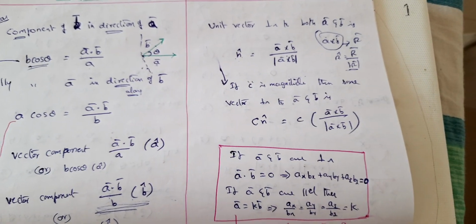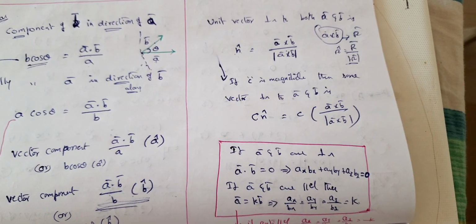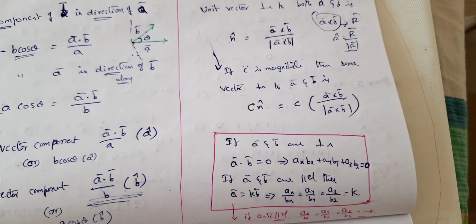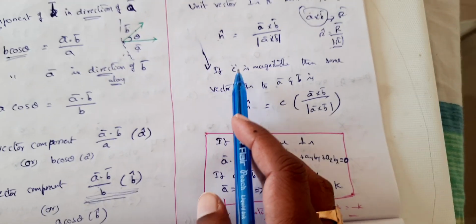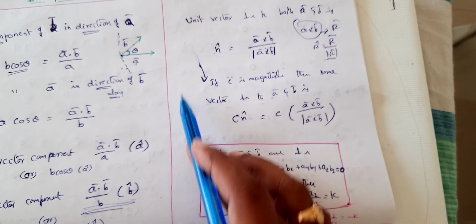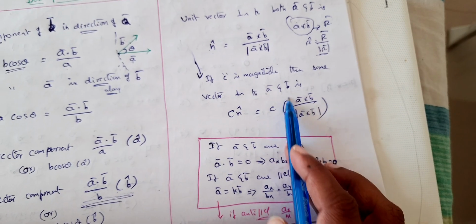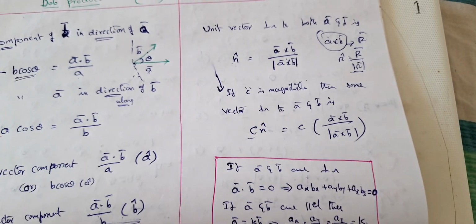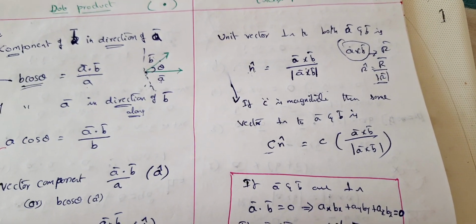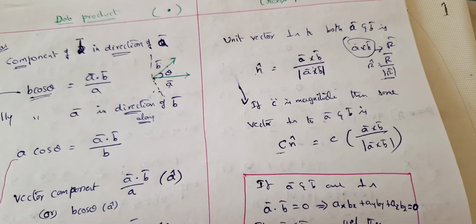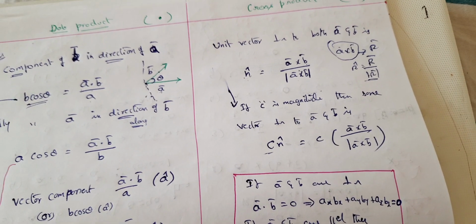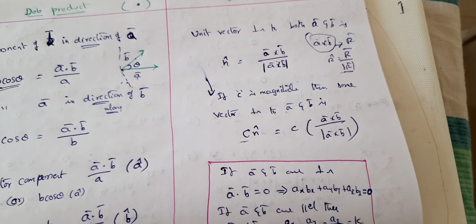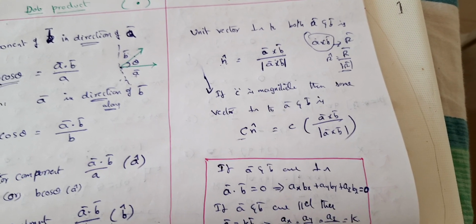Now if a vector of some magnitude other than unit is asked, take the magnitude and multiply it with the unit vector. That gives you the vector which is perpendicular to both a bar and b bar with a magnitude of c. Beautiful, is it not? So the same concept we are just converting into tidbits and small tools. This definitely will equip you with more techniques.